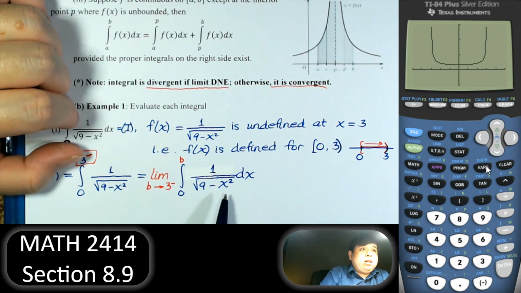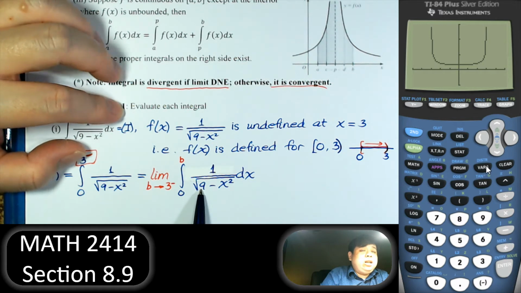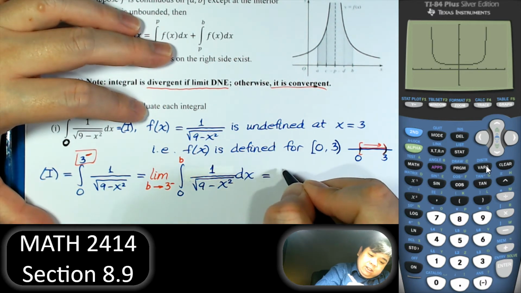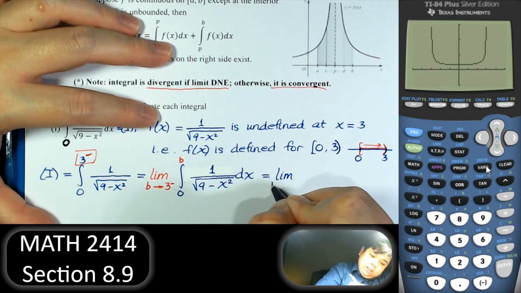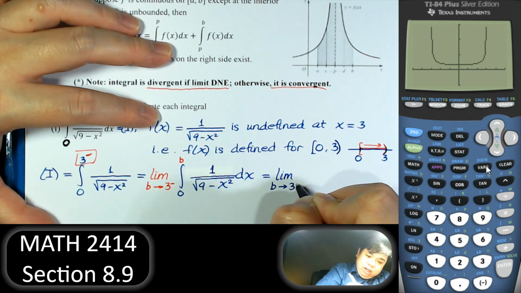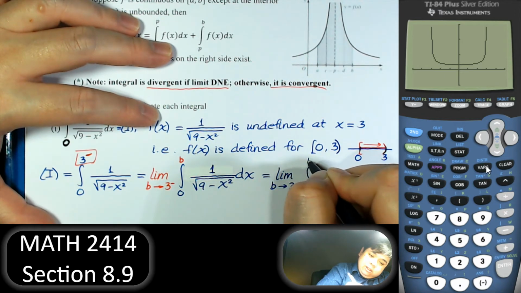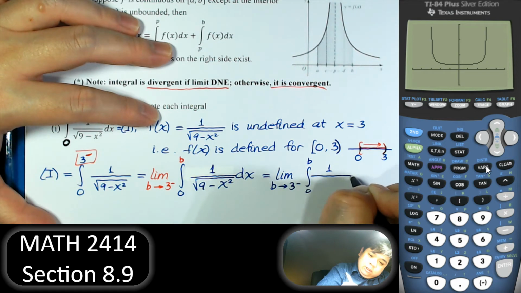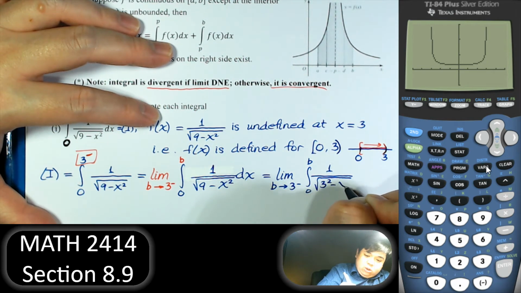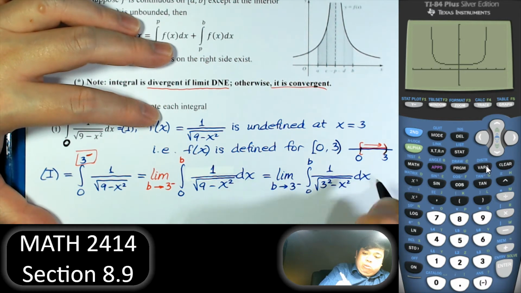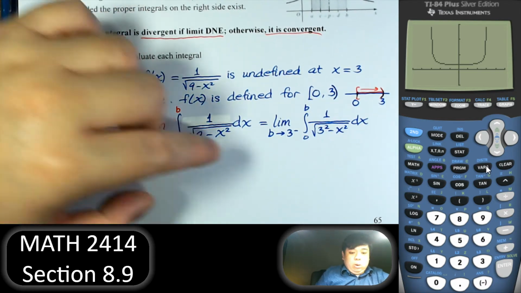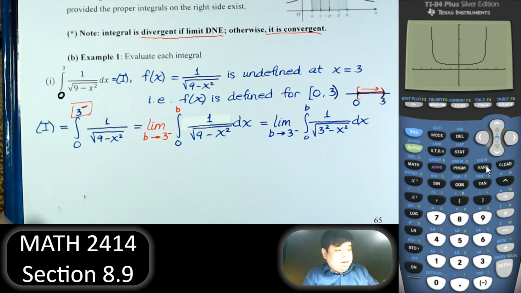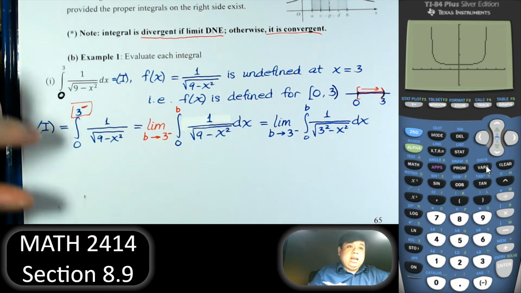Now, when we do this, notice 9 is 3 squared, right? Still have the limit. 3 squared minus x squared. So we will do the trig substitution. When it is a constant squared minus x squared, that is going to use a sine theta.